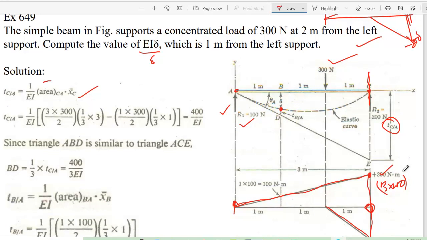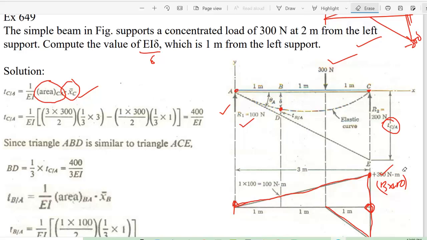Now the question is the area of CA and area of X bar C. Why X bar C? Why not X bar A? Do you understand that? Because you are calculating the distance from the tangent point, from the point C to the tangent line.